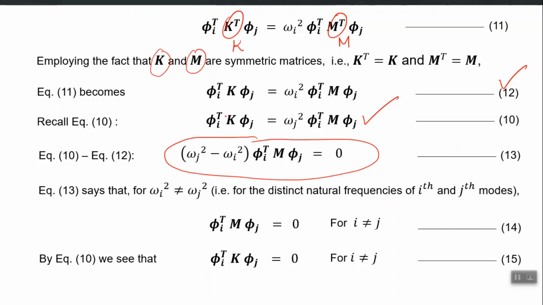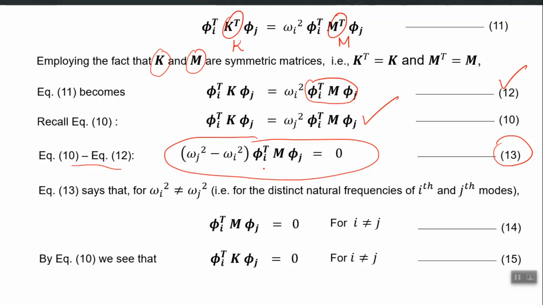Because the left hand side of both of these equations is the same, on one side you will get 0 when you do 10 minus 12, and on the other side you will have the same product taken outside, and you will simply have omega j square minus omega i square. So 10 minus 12 will give you this equation 13. You have a product of two quantities that is 0. So either one of them is 0, or the second one is 0, or both are 0.